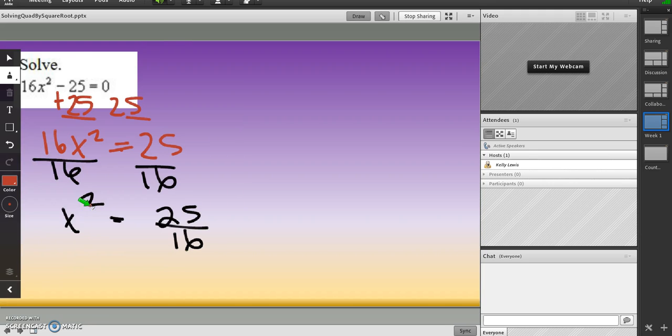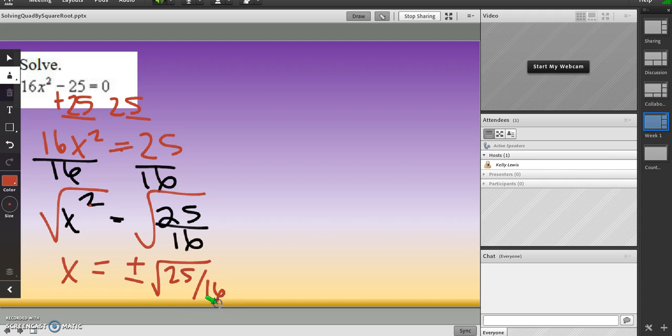We need to get rid of that x squared, so we're going to take the square root. When you take the square root, you always do plus minus, and so we have the square root of 25 over 16. Well, the square root of 25 is 5, and the square root of 16 is 4. So what we really have is plus minus 5/4. So we have 5/4 and we have negative 5/4 as our answer.